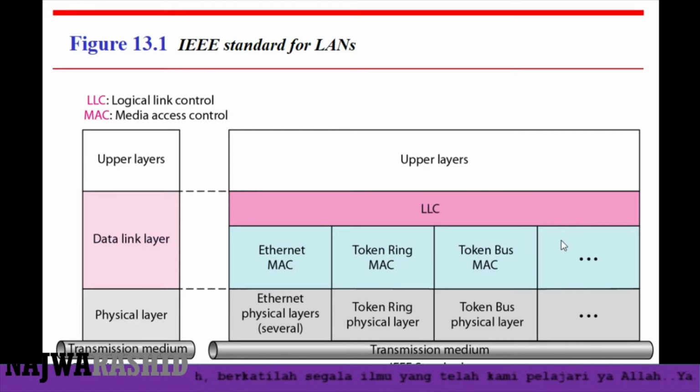Basically, it's quite similar. However, under the IEEE standard, we have the data link layer divided into two parts. The first sublayer we call the logical link control, and the second sublayer we call the media access control.